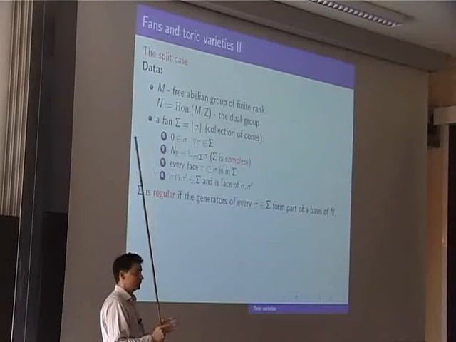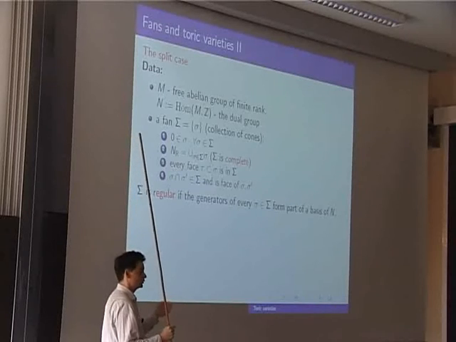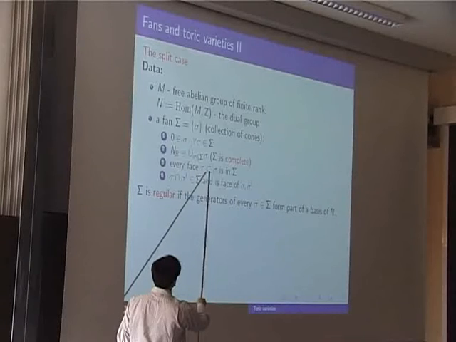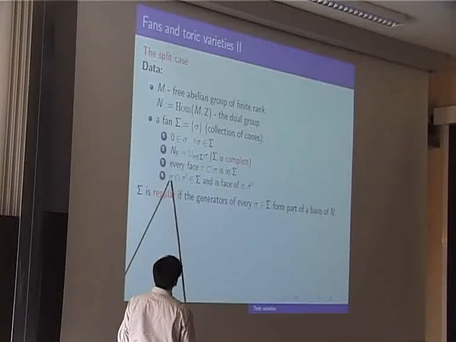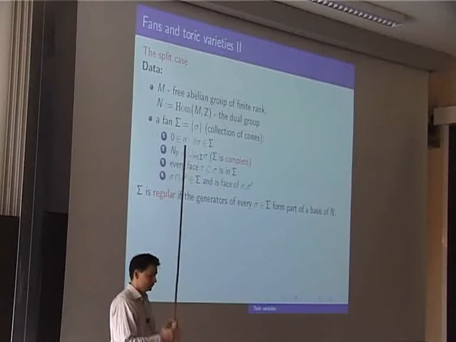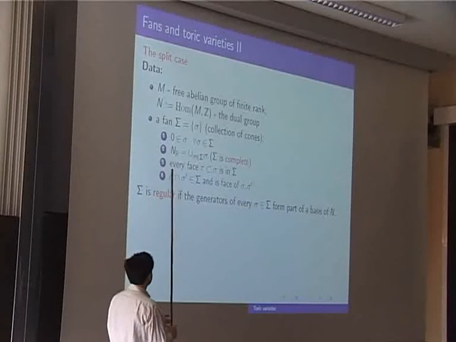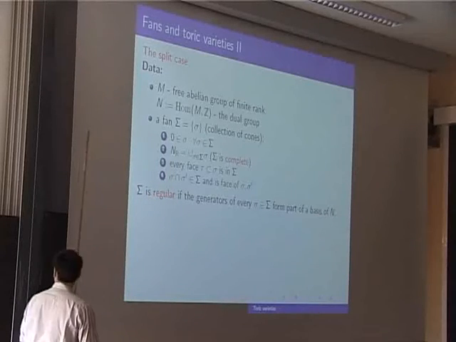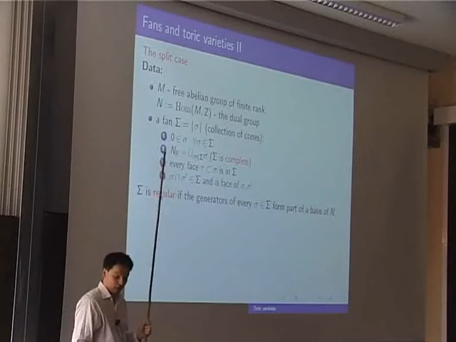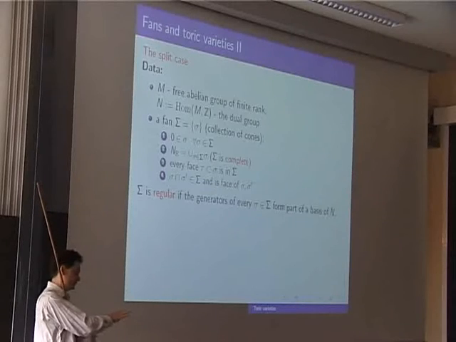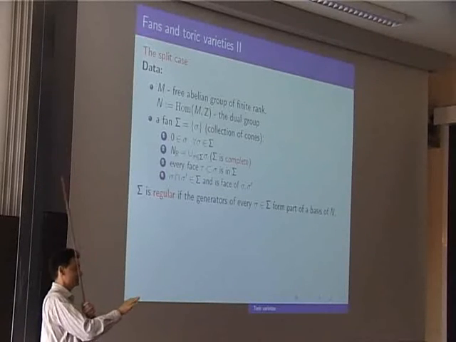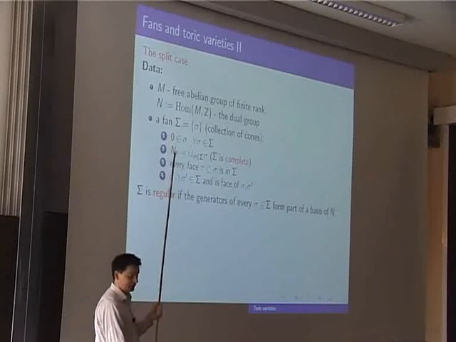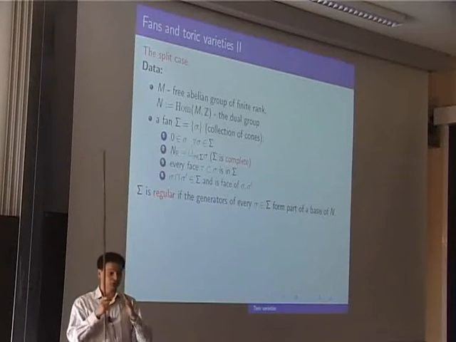Every face of a cone is in this collection, and the intersection of two cones is, first of all, a face of both of these, and secondly, belongs to the fan Sigma. So you want to exclude cases where the cones intersect badly. Without the completeness condition, you would get non-complete toric varieties; the affines in A^n are also toric varieties. So it's really a subdivision of your space R^n by cones of various dimensions.